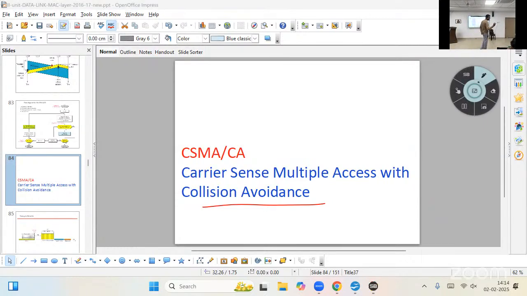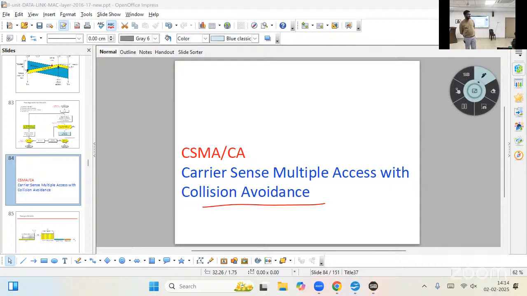In the first class, the first afternoon class, a PPT was shown. First, some MAC protocols were given: random access protocols, in which pure ALOHA, CSMA, and CSMA/CD are there. Second, control access protocols: reservation, polling, token passing.